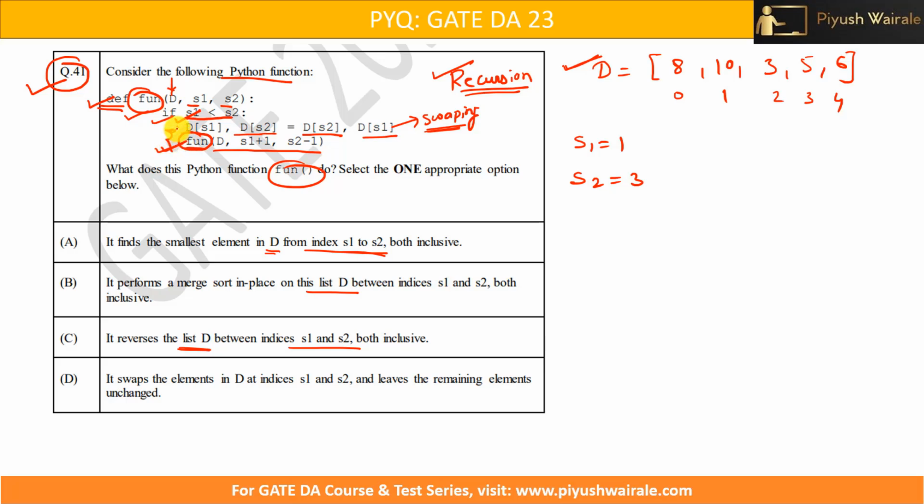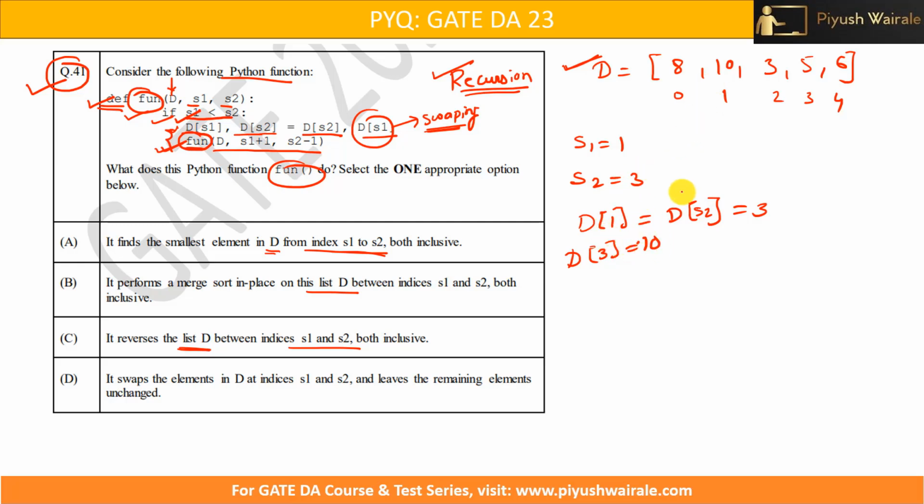Now first what we are doing here, d of 1, that is basically s1, must be equal to d of s2, right? Now what is d of s2 here? d of s2 is basically 5, which is at index 3, and d of s1, s1 is 1, is 10.